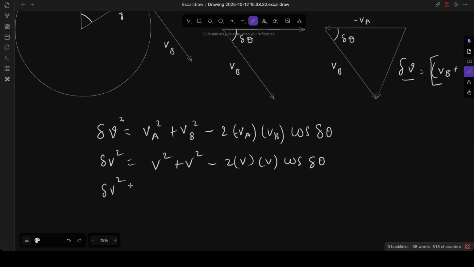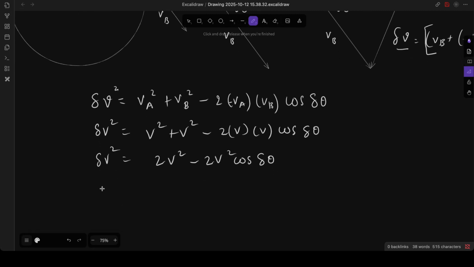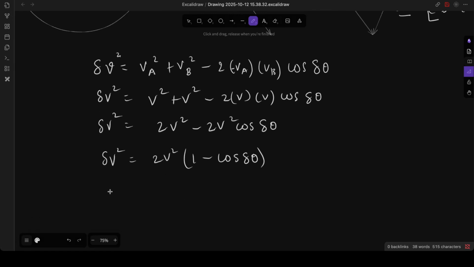That gives me dV square is equal to 2 times V square minus 2 times V square cos delta theta, and dV square, can I take 2V square common, and I'll be remaining with 1 minus cos d theta, and taking square root on both sides will give me dV is equal to V will be outside of the square root because it's V square, and that will give me 2 times 1 minus cos delta theta. This was all algebra here.